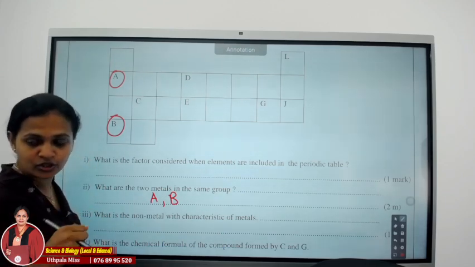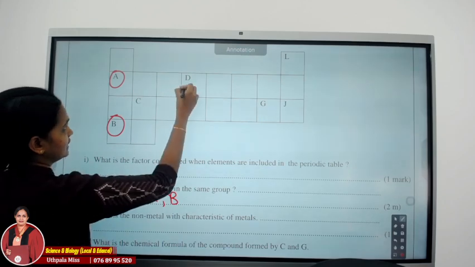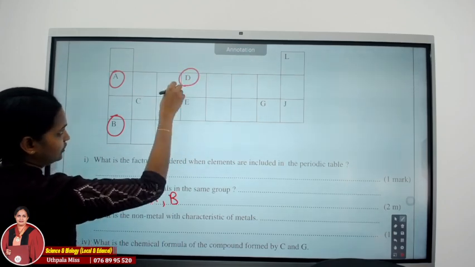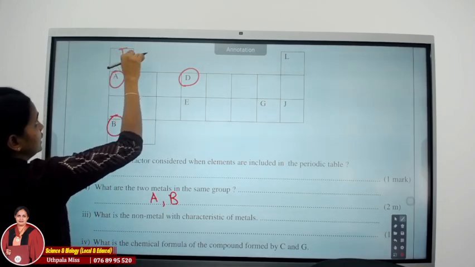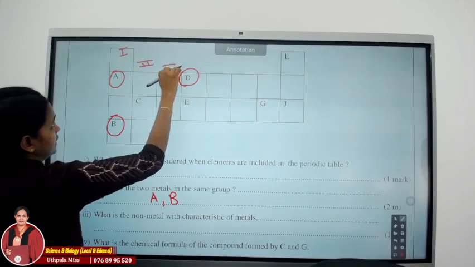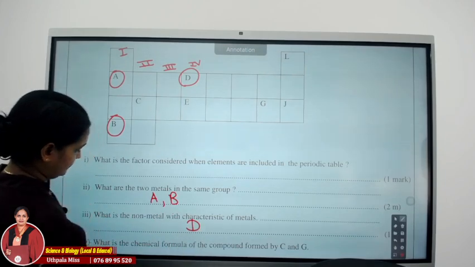One of the allotropic forms of carbon has the ability to conduct electricity, that is graphite. Therefore, carbon belongs to group 4. This is group 1, 2, 3 and this belongs to group 4. Therefore, the answer is D.